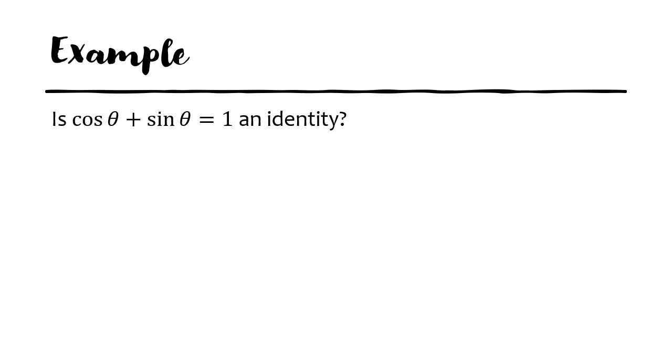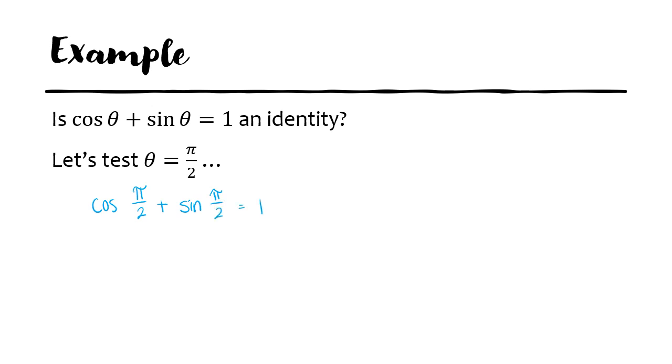Cosine of theta plus sine of theta equals 1. We want to answer, is that an identity? Well, let's take a value of theta just to test for now. Let's plug this in: cosine of pi over 2 plus sine of pi over 2.